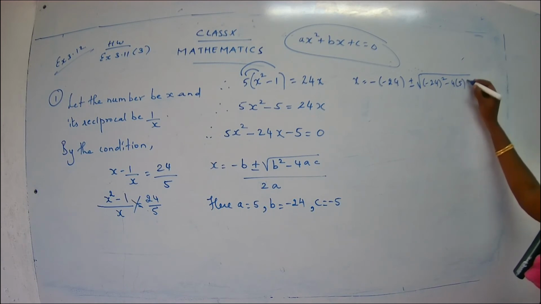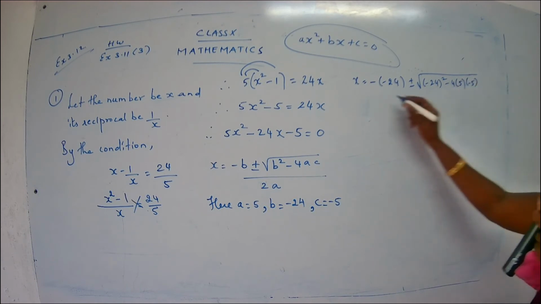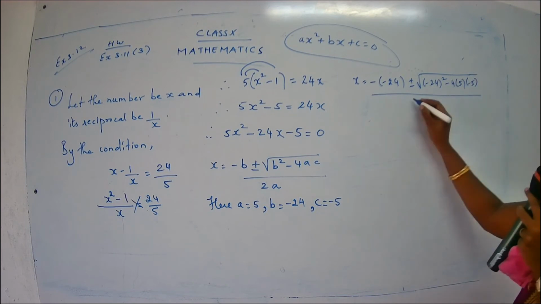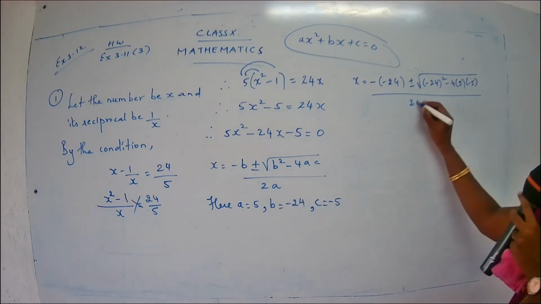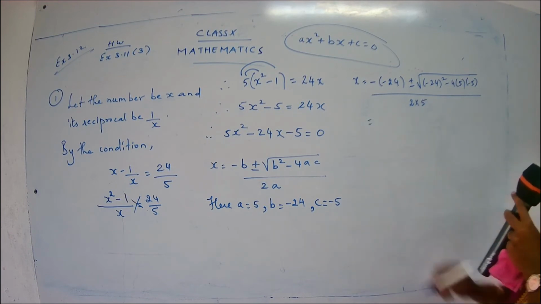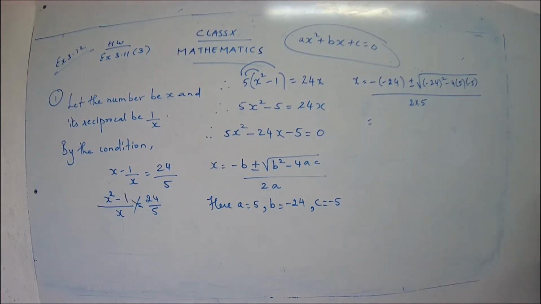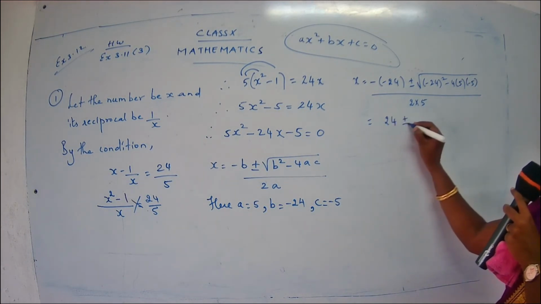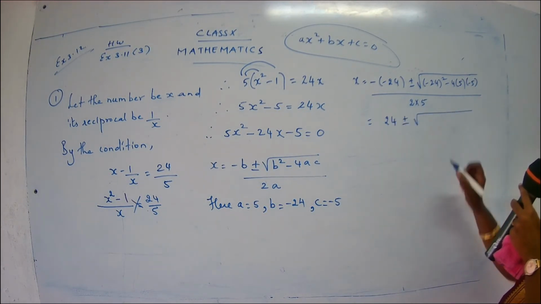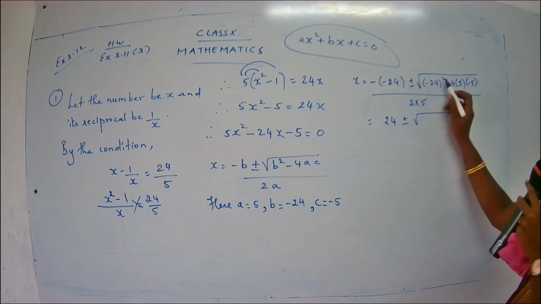And what is c? Minus 5 upon 2a, 2 into a, what is a? 5, so 2 into 5. Let's simplify it further. Minus minus plus 24 plus minus square root of minus 24 the whole square.